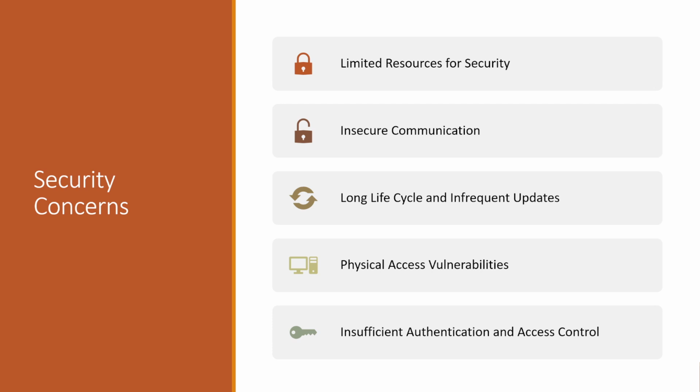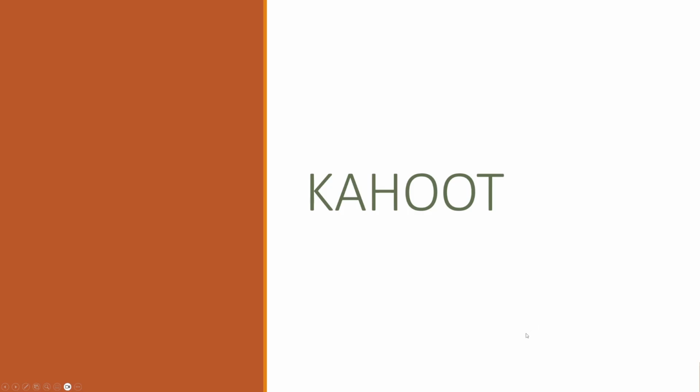So that brings us to insecure communication, right? We won't have encryption. They might easily be manipulated or exploited by attackers. They're not going to be patched very much. And they do have some physical access vulnerabilities because they normally don't have authentication or access control. If you can get physical access to these devices, you can normally manipulate them to do something else.